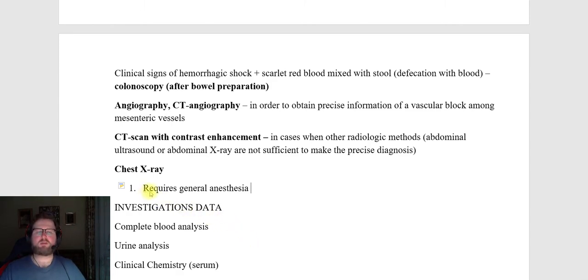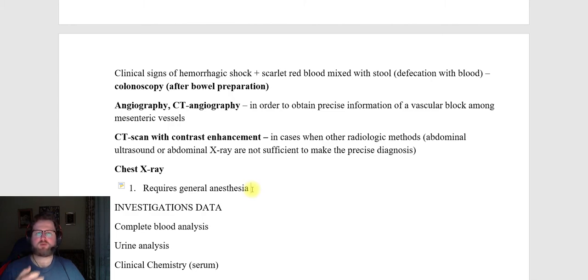If he will be administered general anesthesia, it means that he will have artificial lung ventilation. And that's why it is important to know that he doesn't have any lung pathology, some pneumonia or tuberculosis or pneumothorax or pleuritis or atelectasis or chronic obstructive lung disease.